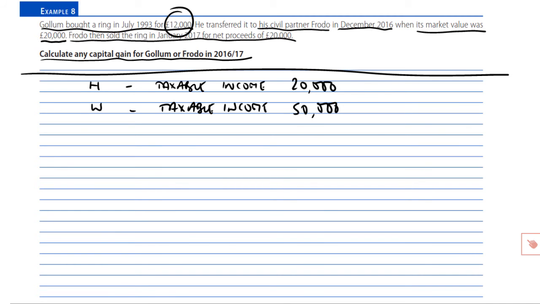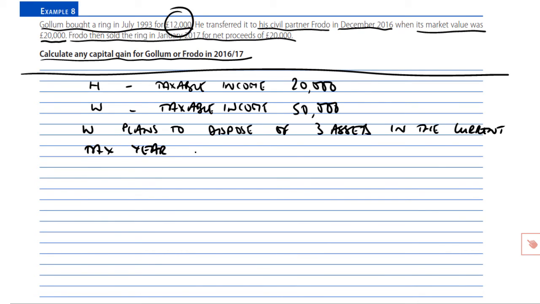And what we're told by our clients, the husband and wife here, is that wife plans to dispose of 3 assets in the current tax year, each of which will yield gains of £10,000.